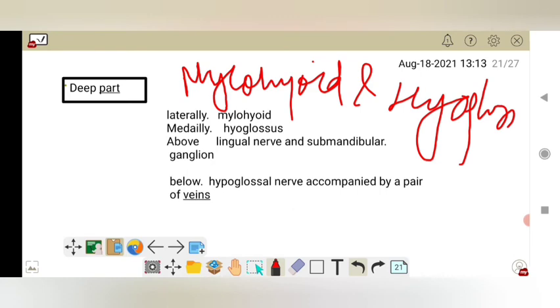Relations: laterally we have mylohyoid, medially we have hyoglossus, above lingual nerve and submandibular ganglion, below hypoglossal nerve, accompanied by a pair of veins, and these veins are termed as venae comitantes.